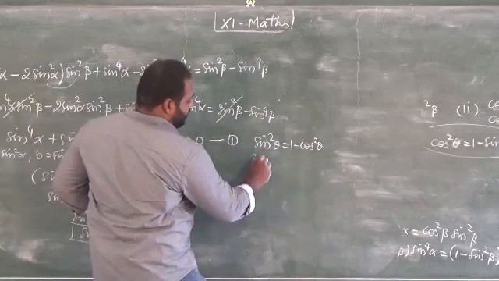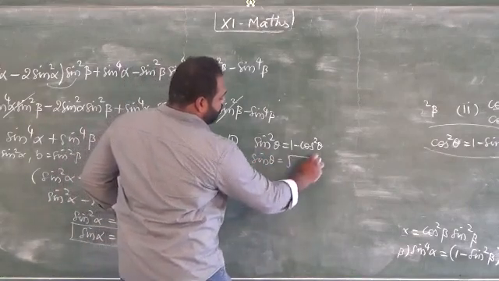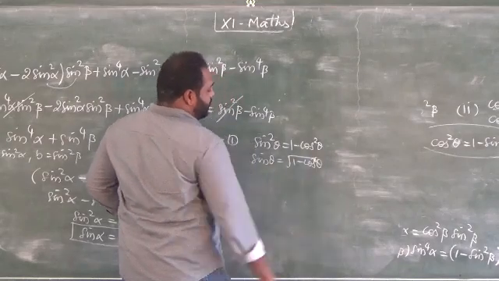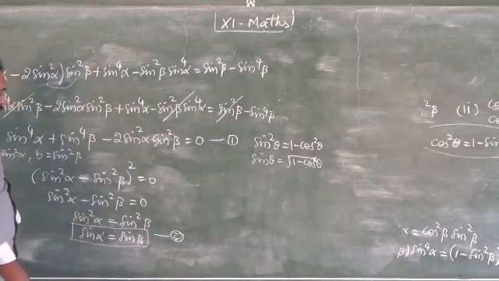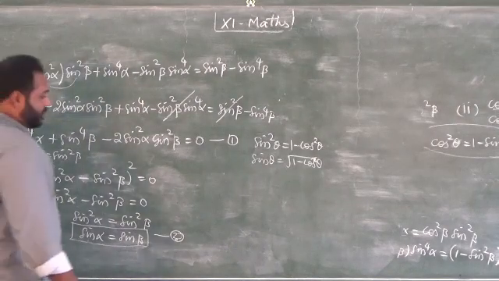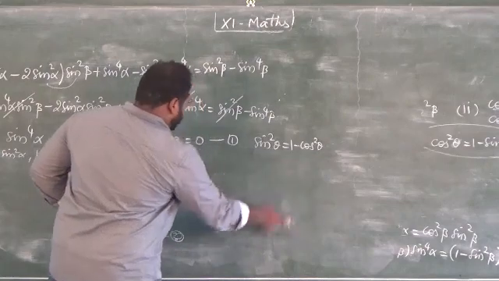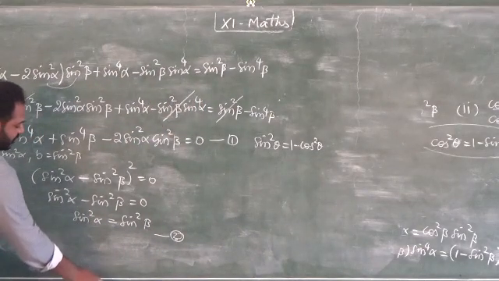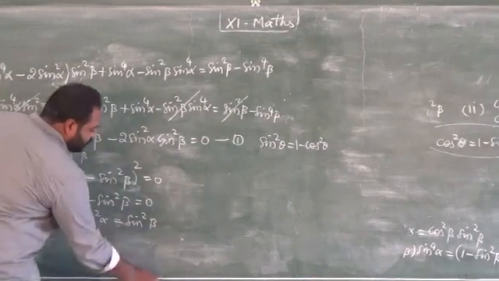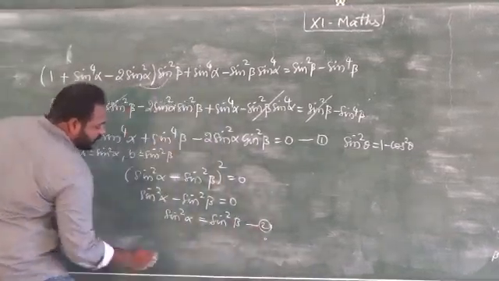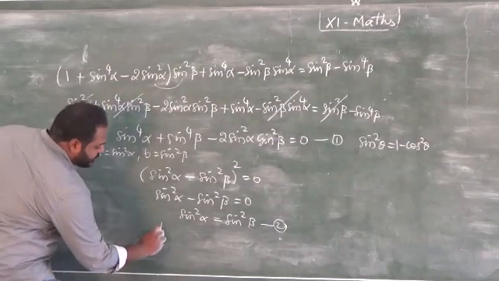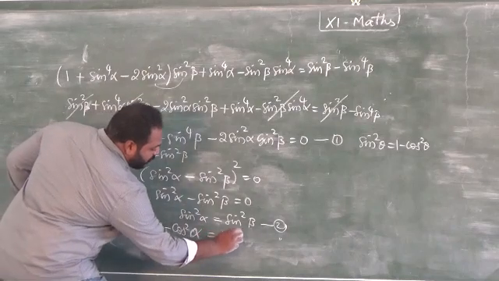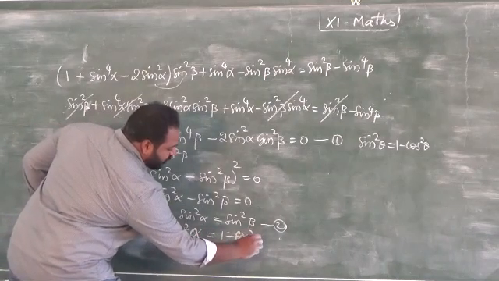So sin theta can be written as root of 1 minus cos square theta. And just before this step, you take this as 2. Next, sin square can be written as 1 minus cos square alpha equal to 1 minus cos square beta.